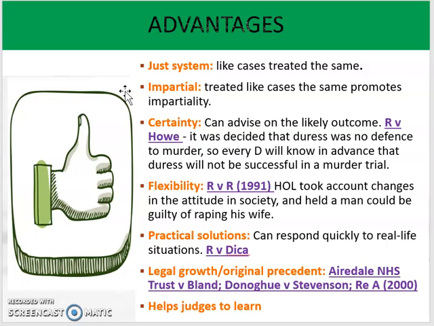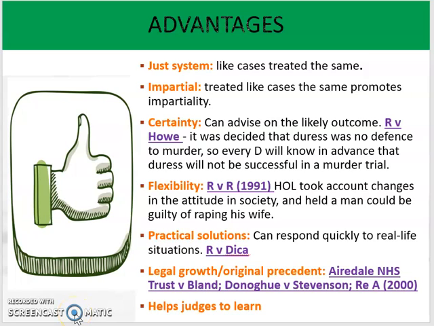They're not going to be bogged down in this specific defendant. And hopefully that will lead to impartiality, which is what justice demands. And it leads us to that very famous expression, justice is blind. And hopefully justice will be blind if we're simply applying the ratios from a previous case.